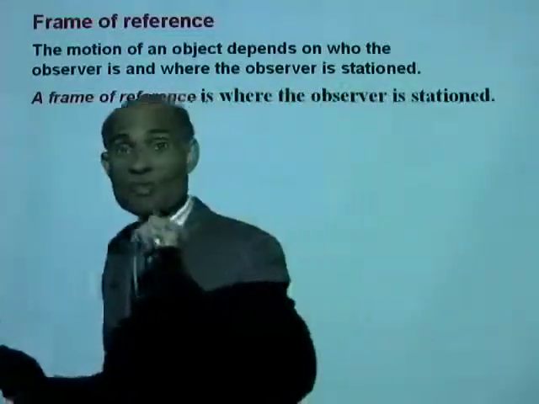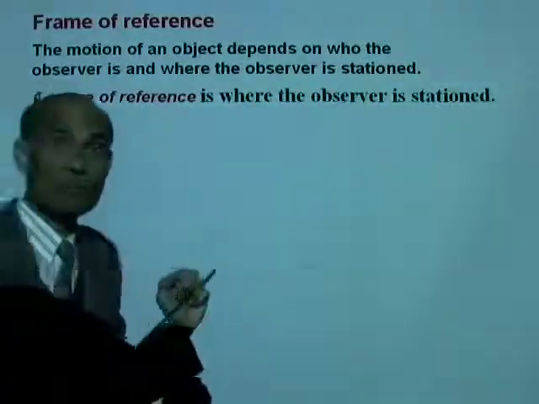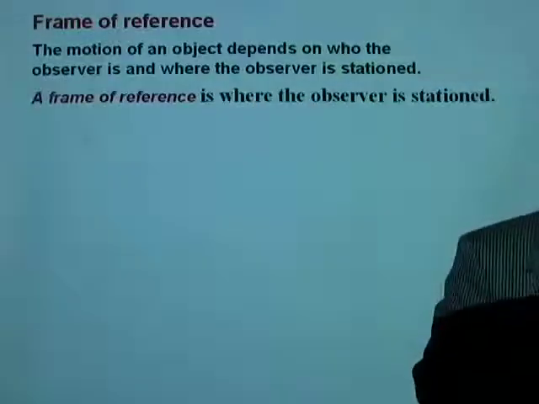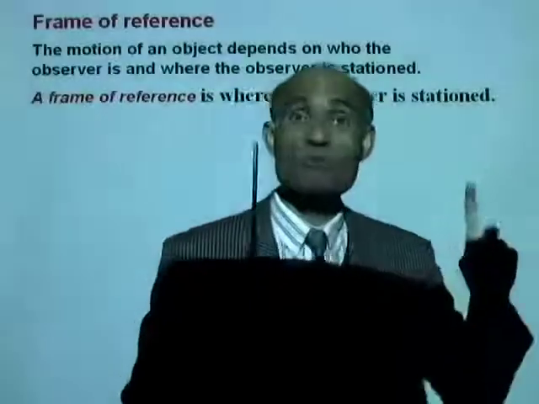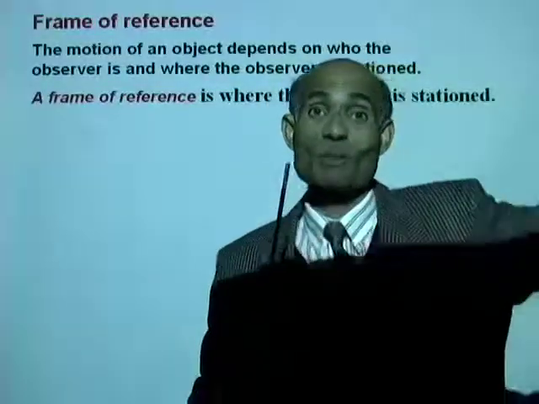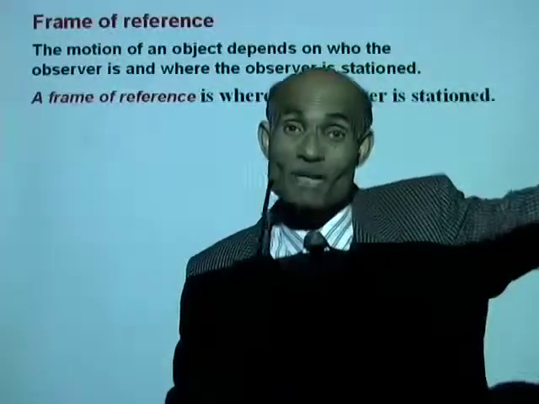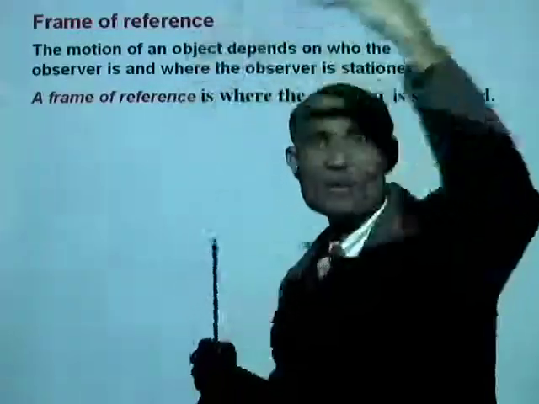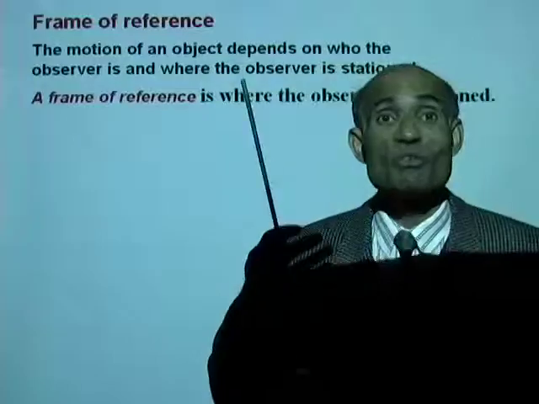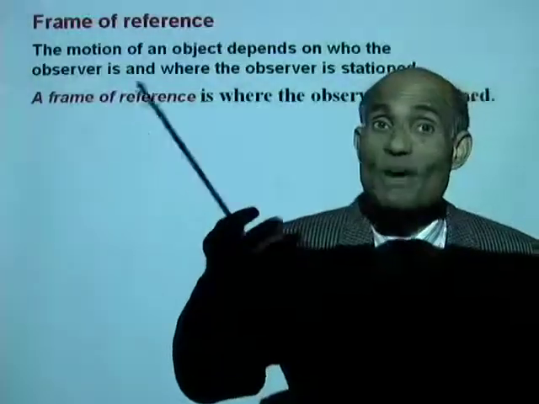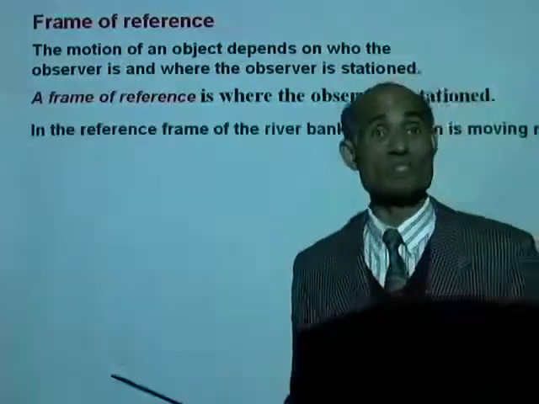From the frame of reference of the classroom, my students see me walking. You see that? But from the frame of reference of the planet Mars, my students are moving. You see, a frame of reference is a place from where you make observations.